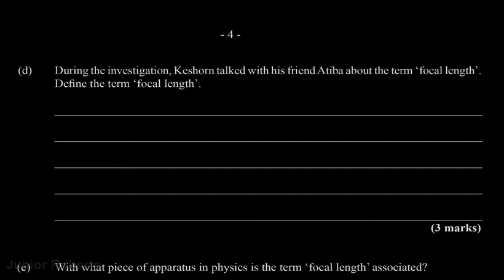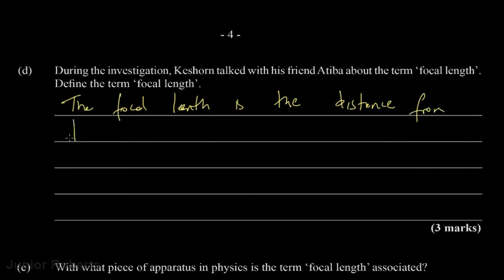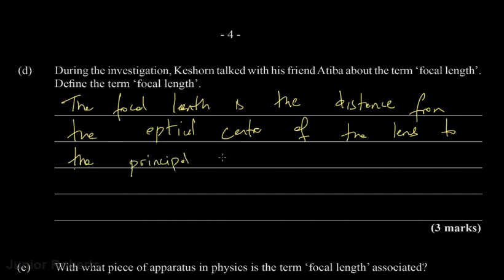So we'll say the focal length is the distance from the optical center of the lens to the principal focus, or focal point.